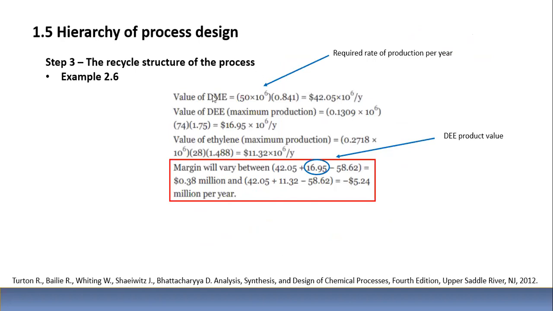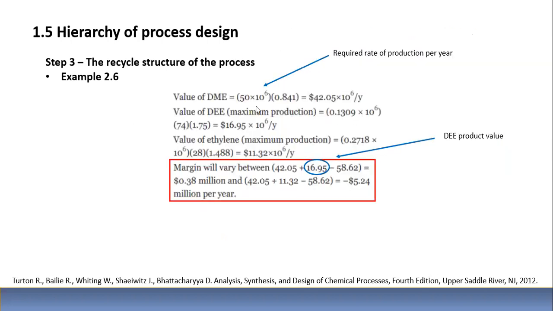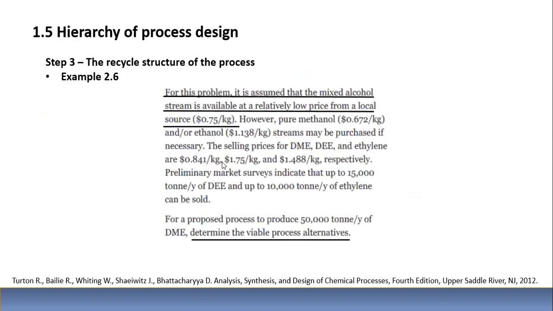Now, checking on the products, we have the value of dimethyl ether produced. I think we checked that. This is the target production, 50,000 tons per year of dimethyl ether times the value of dimethyl ether, 0.841. Where did we obtain that?